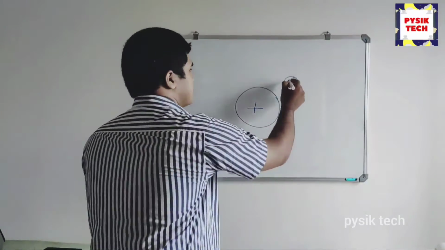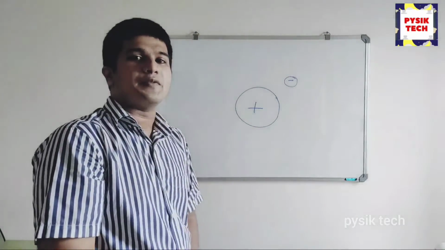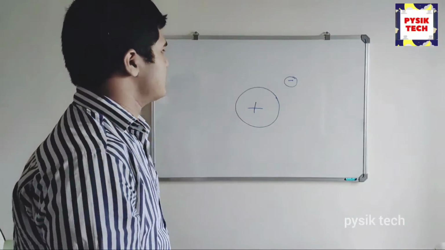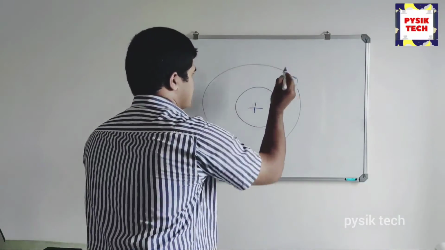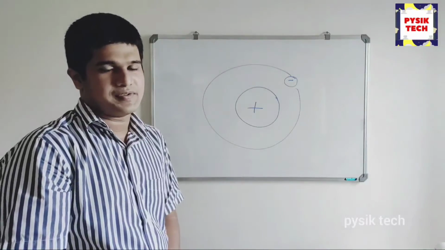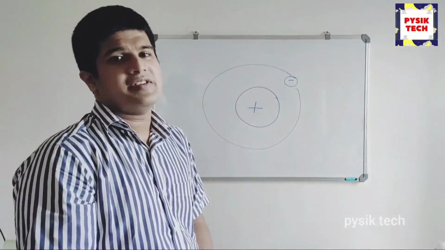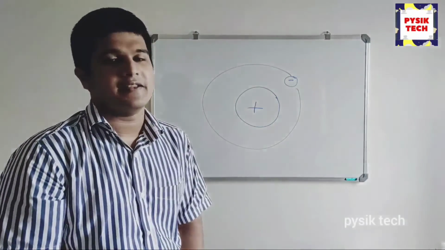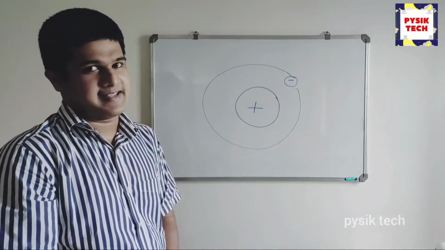They have negative charge. From Rutherford's concept, electrons revolve around the nucleus, but by the concept of Bohr and Heisenberg's uncertainty principle, it is not like this.